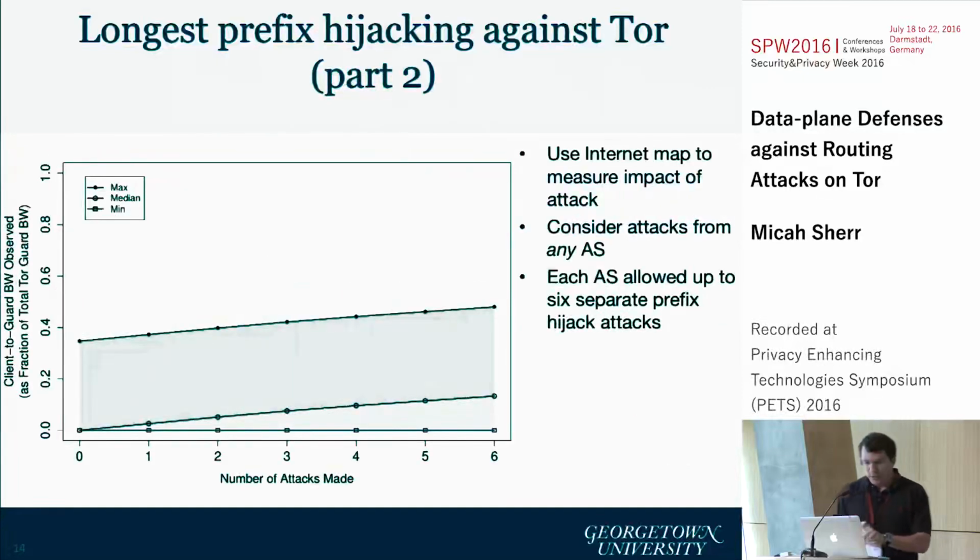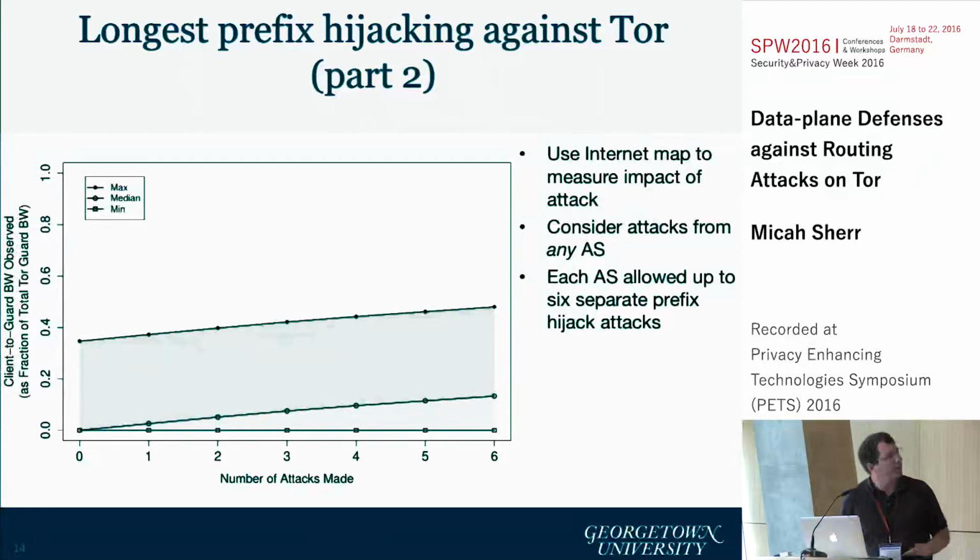And then we considered adversaries who were willing to launch a few BGP attacks against Tor, anywhere from 1 to 6 attacks, and look at, for all ASs on the internet, what is the increase in Tor traffic it's allowed to see.